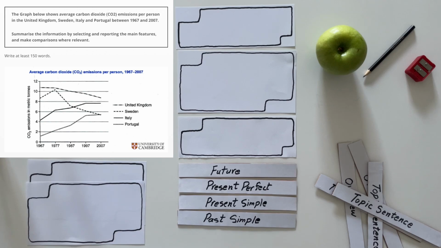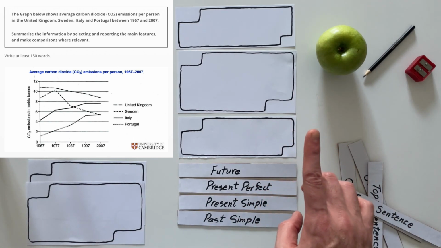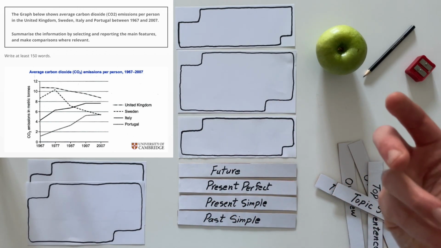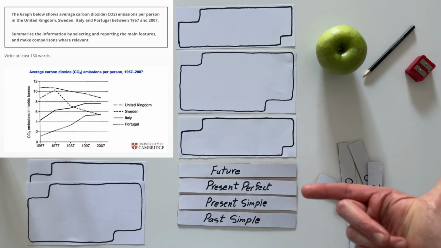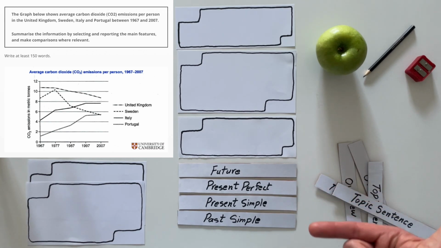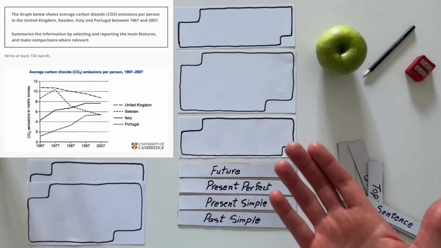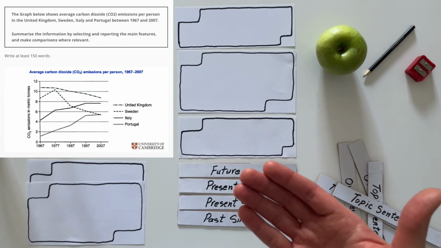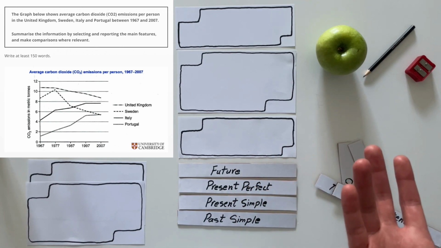Okay, with these elements out of the way, the first thing we need to think about and come up with, right after reading this, is, yes, which tense is going to be the dominant grammatical tense for our report? Let's look at the dates. It starts from 1967 and it ends in 2007.